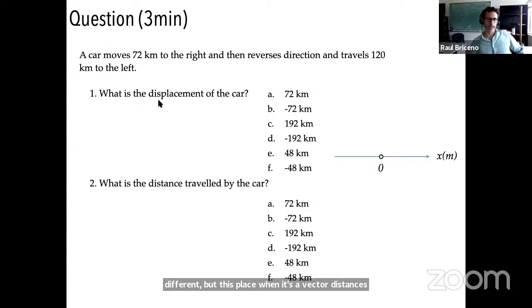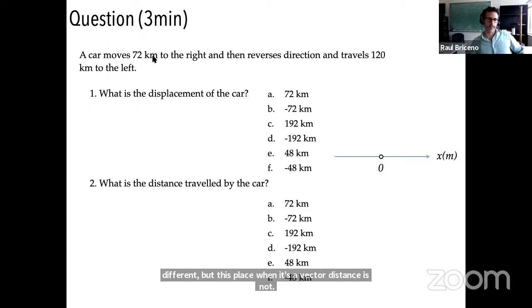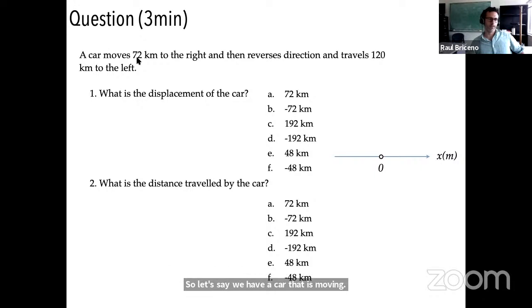So let's say that a car moves 72 kilometers towards the right, and then reverses and travels 120 kilometers to the left. What would be the displacement of this car? What would be the distance traveled by this car? This is a question for you guys.